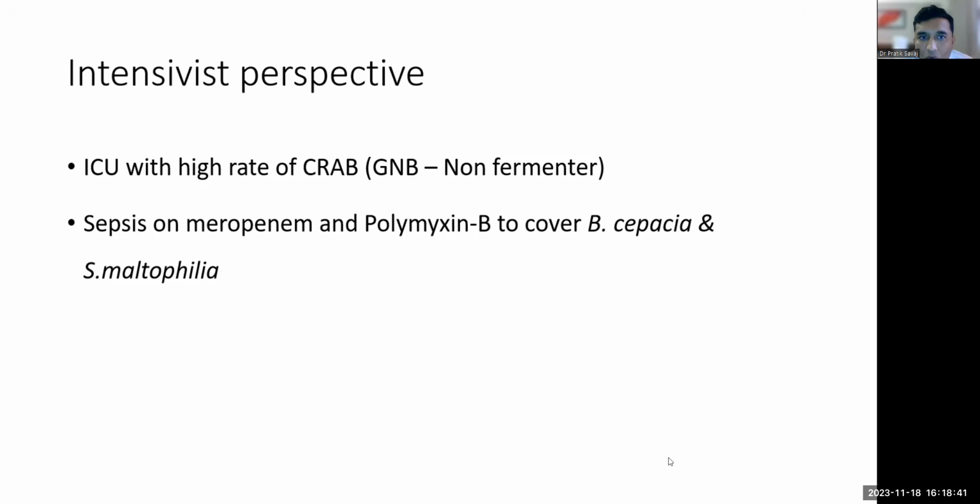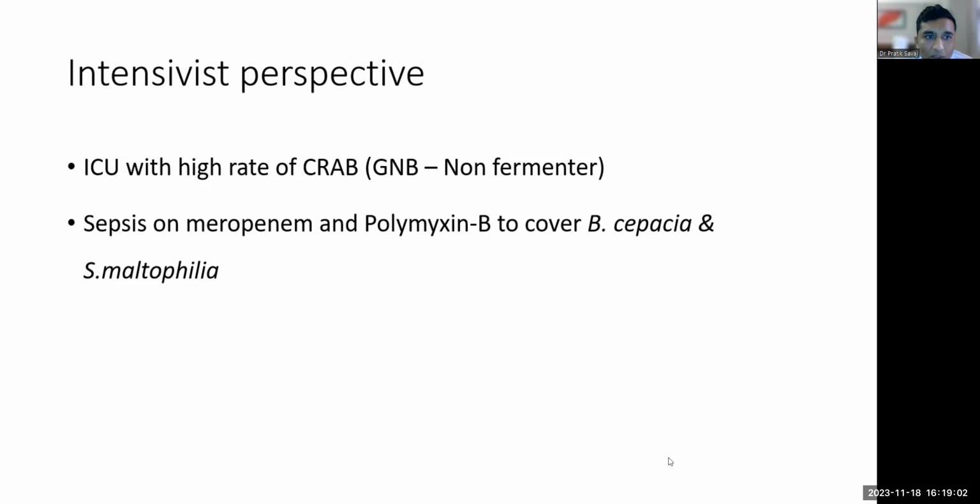There are two main non-fermenters: one is Pseudomonas and the second is Acinetobacter. In that case, if you know that the ICU has a high rate of CRAB, you can consider minocycline initially. And of course, if the sensitivity report is different, you can change to other therapy.